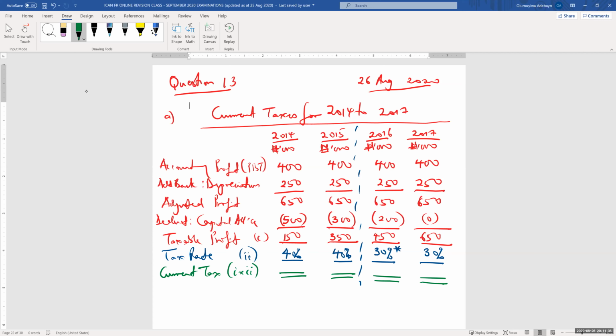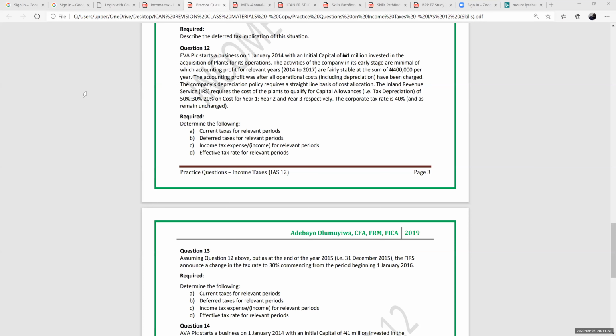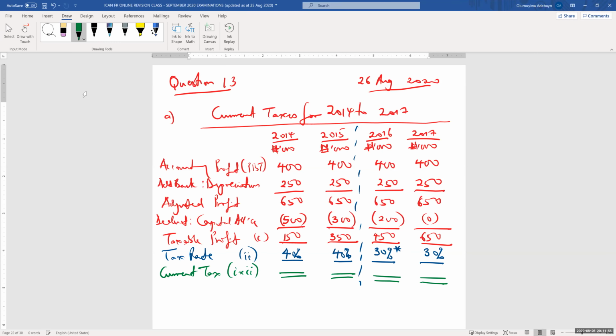First year, it is 40% of 150. How much is that? Okay, 60. It's 60. Year 2, 140.